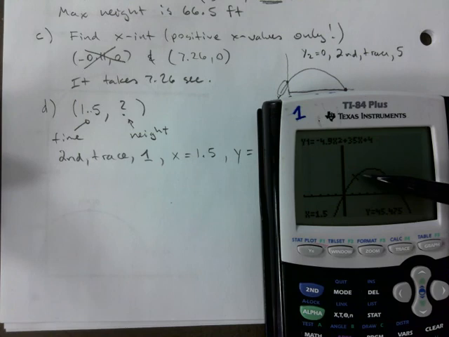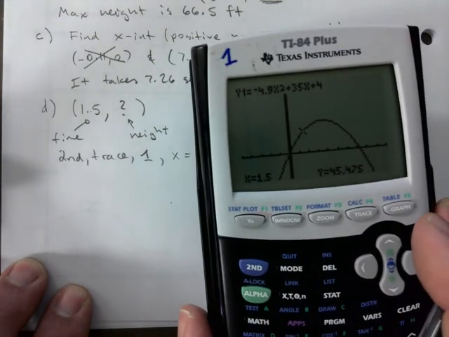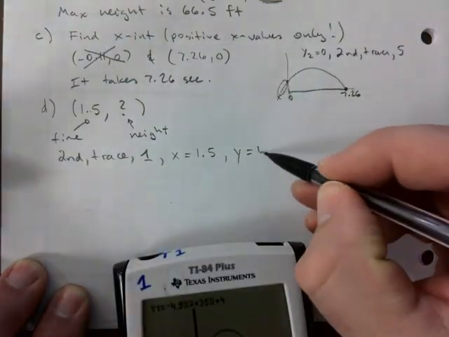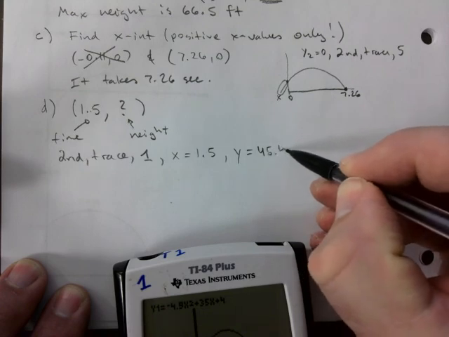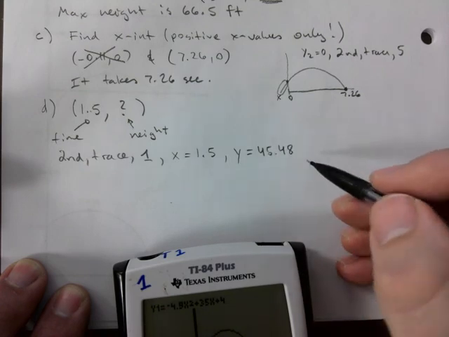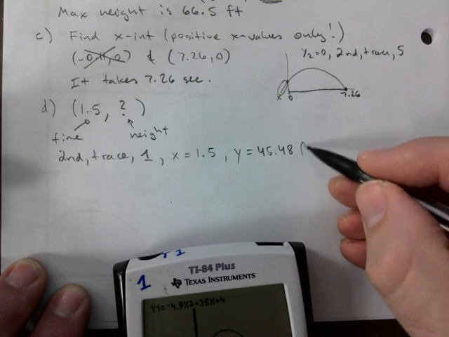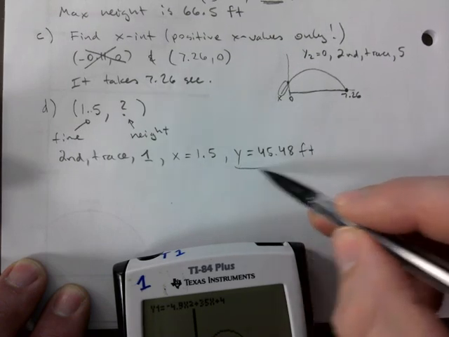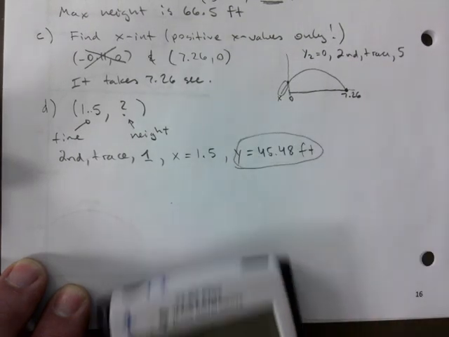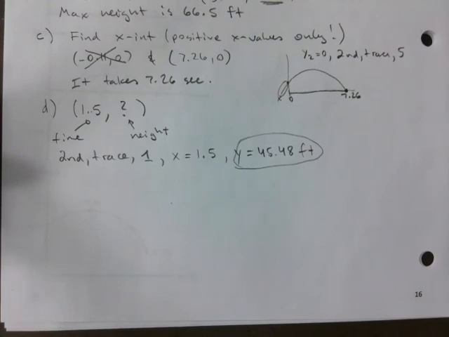And it actually shows quite nicely, right, that my height there is 45.48. 45.48, right? And so if you put feet after this and you circle it, then I'm fine, right? So the ball is at 45.48 feet at that point.